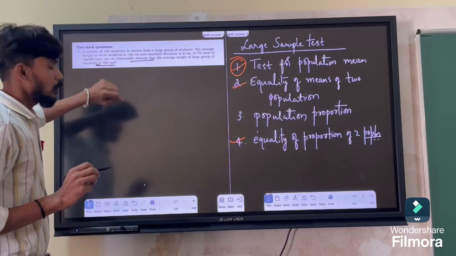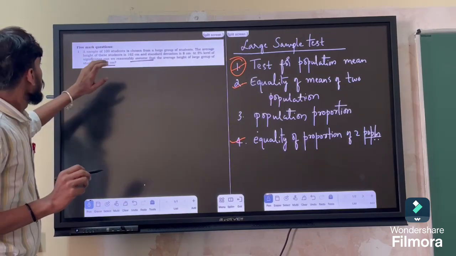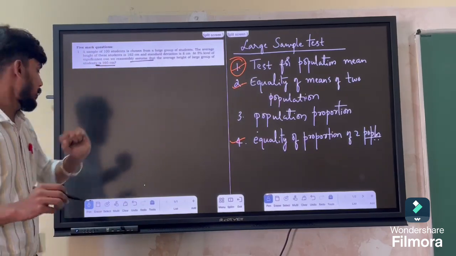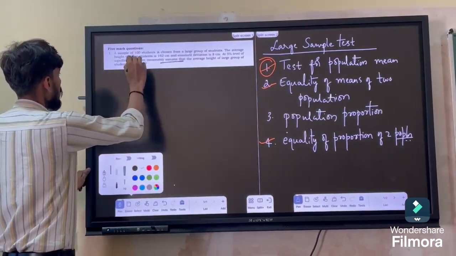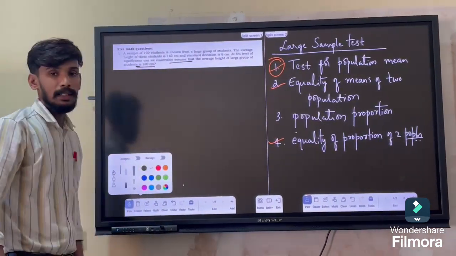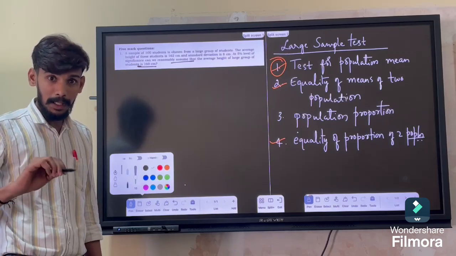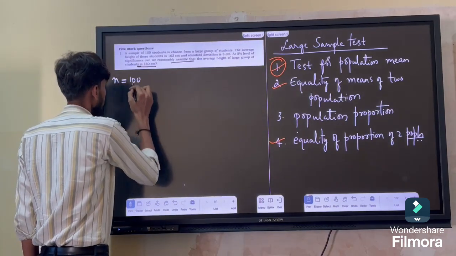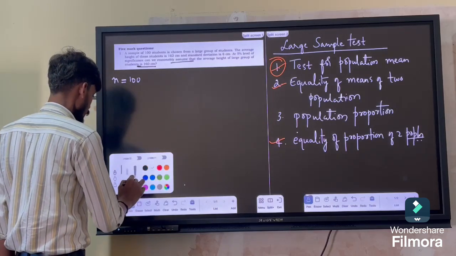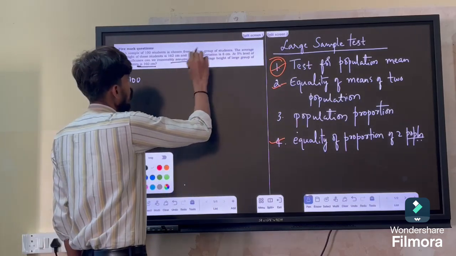Now, from this question, let us sort out the given things first. What are the things given in the question? A sample of 100 students. That means they have taken a sample of 100 students, n equal to 100, from a large group of students.